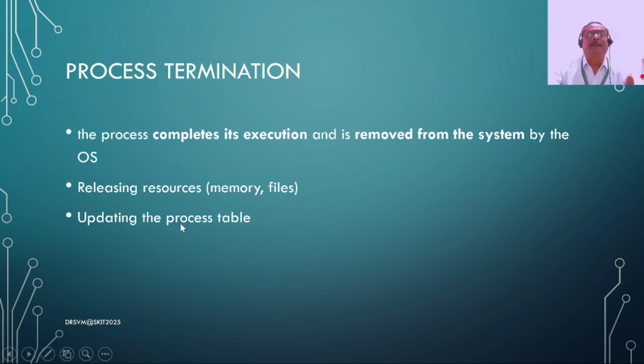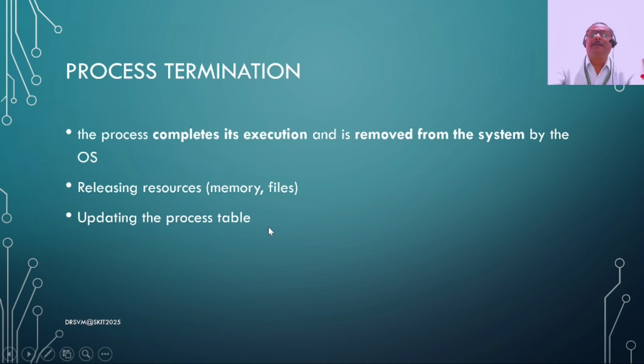And then we update the process table, which shows at any given time which processes are active. A big list is there which we call the process table: how many processes are working, and details like the name of the process, the ID of the process, when it began, what resources it is using, which memory it is occupying, and who created it.